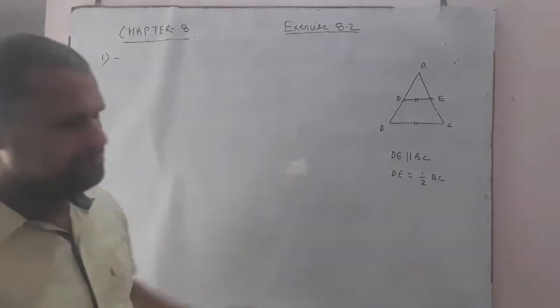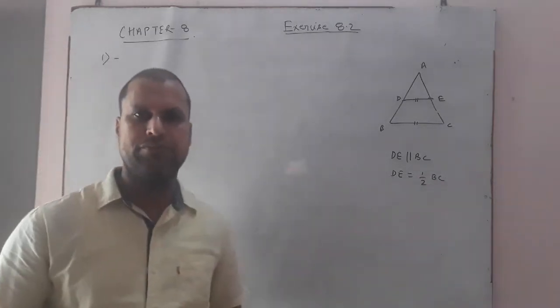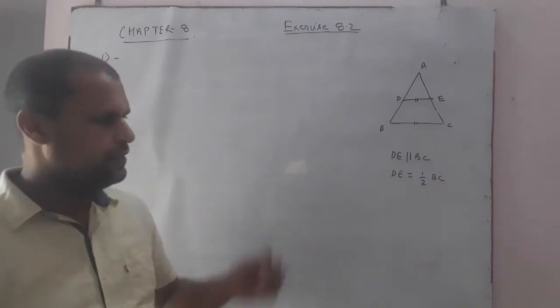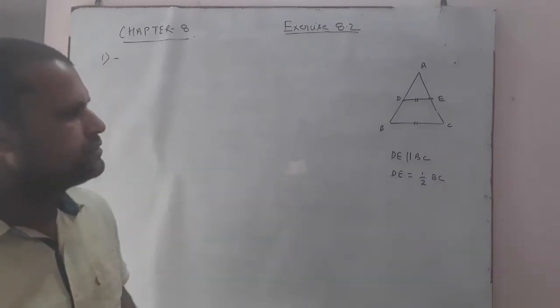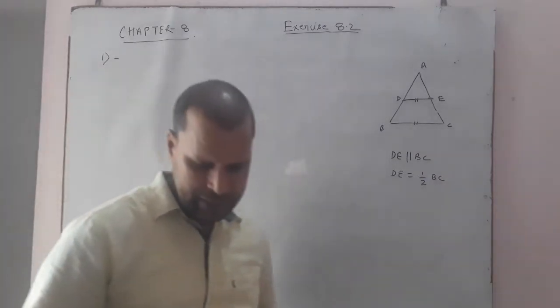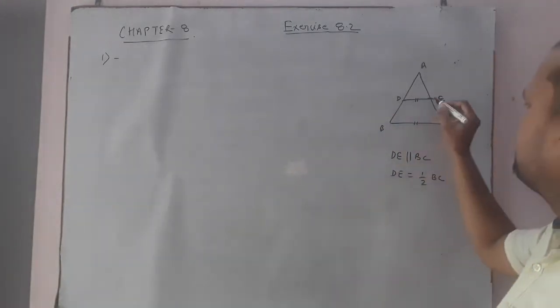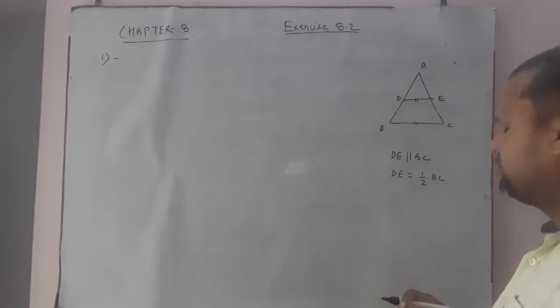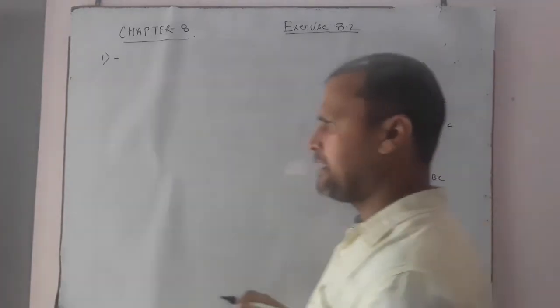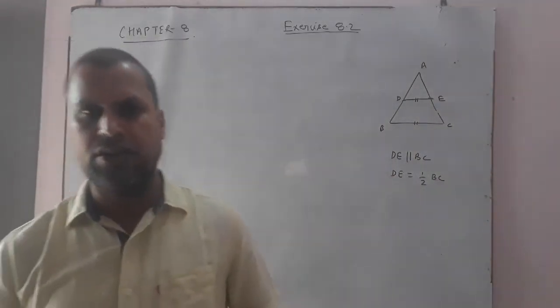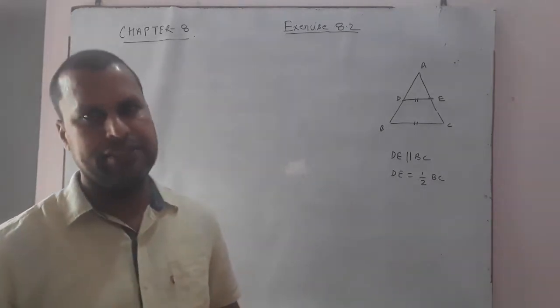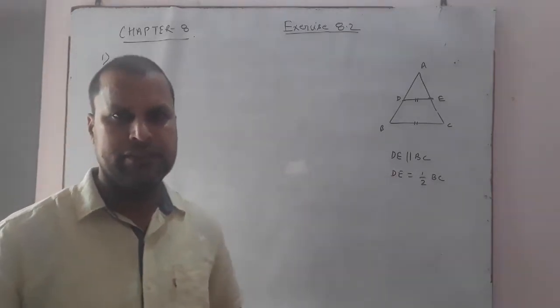This is the midpoint theorem. And the statement of the theorem is: the line segment joining the midpoints of the two sides of a triangle is parallel to the third side and half of it. This is the theorem.